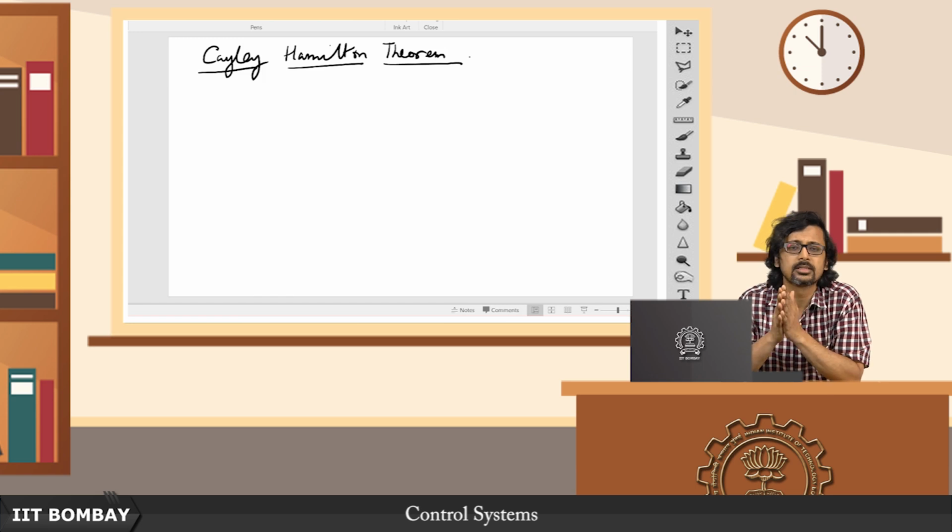So we will talk about this third method for evaluating the matrix exponential in terms of the Cayley-Hamilton theorem. I want you to recall again that this matrix exponential holds the key to solving the state space equations, and therefore what we are doing here is indeed important.